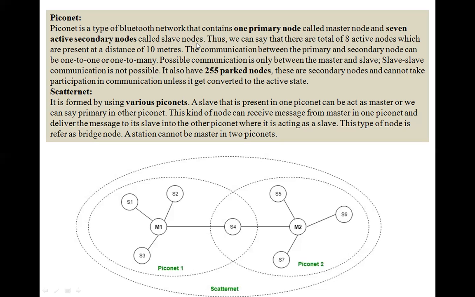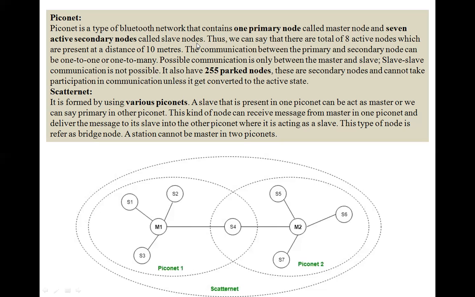These are secondary nodes and cannot take part in communication unless they get converted to the active state. This means when you form a network, provision is available for a total of 255 nodes, but out of that only seven are active and the remaining are not active nodes.